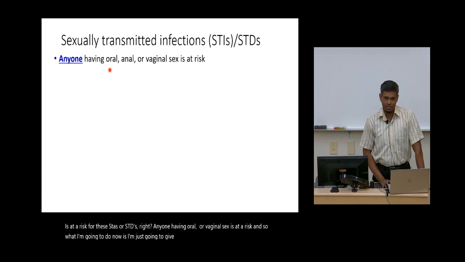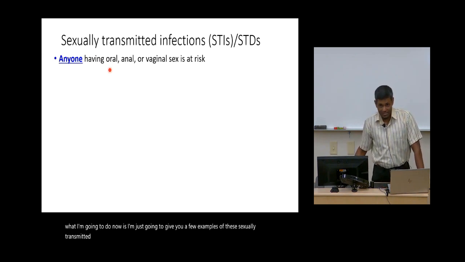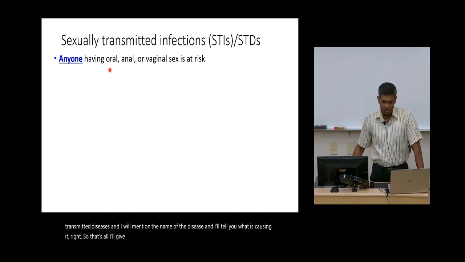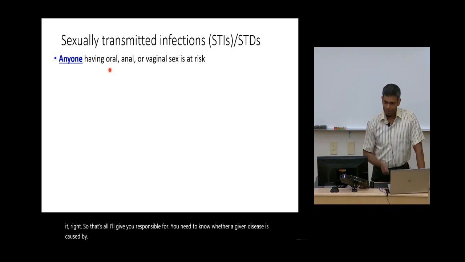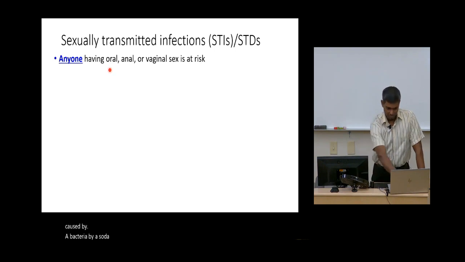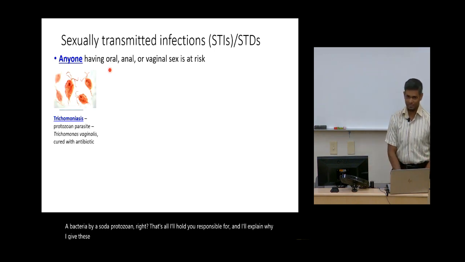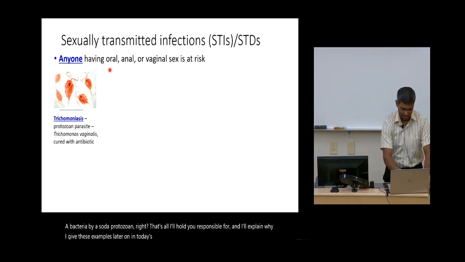And so what I'm going to do now is I'm just going to give you a few examples of these sexually transmitted diseases, and I will mention the name of the disease and I'll tell you what is causing it, right? So that's all I'll hold you responsible for. You need to know whether a given disease is caused by a bacteria, virus or a protozoan, right? That's all I'll hold you responsible for, and I'll explain why I give these examples later on in today's lecture.